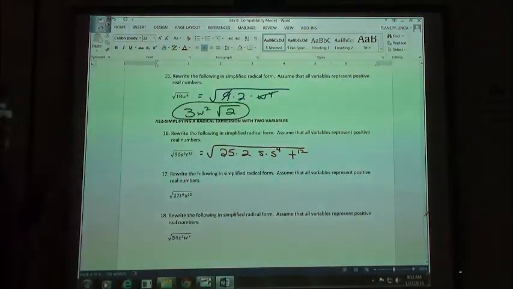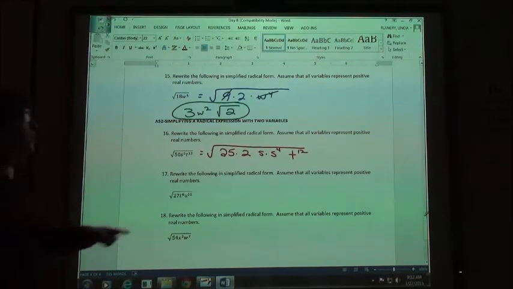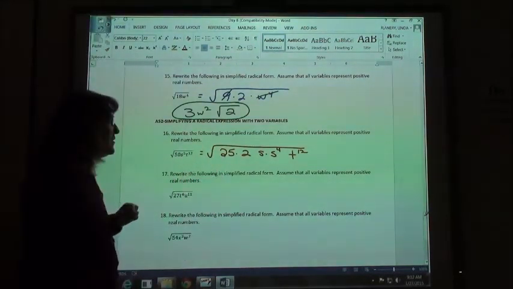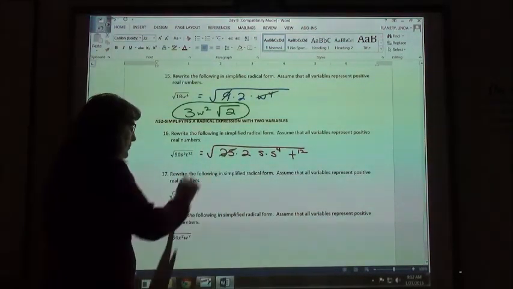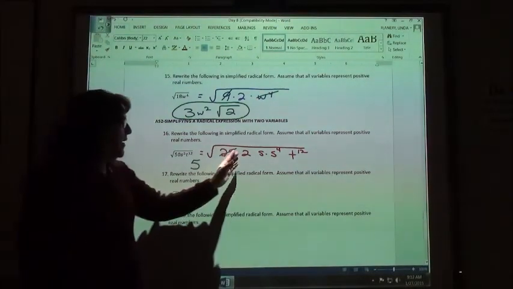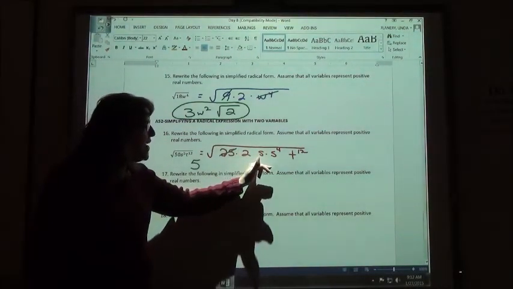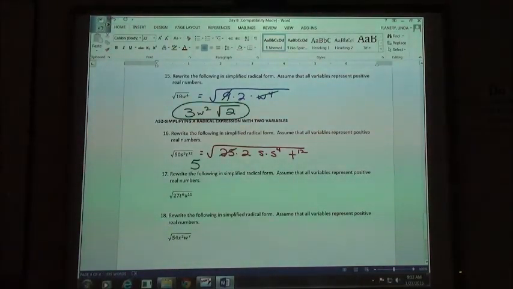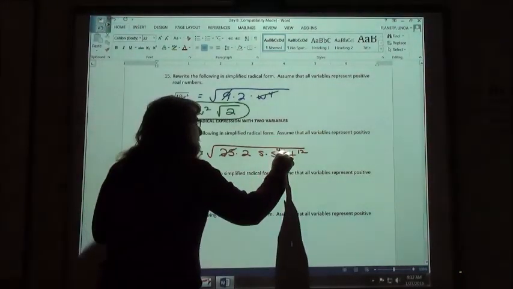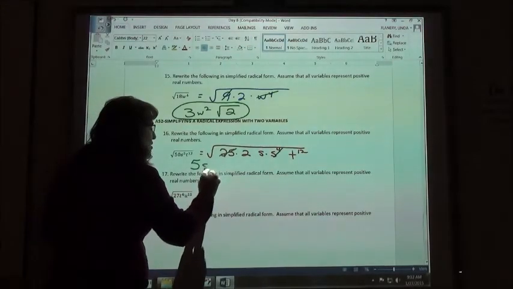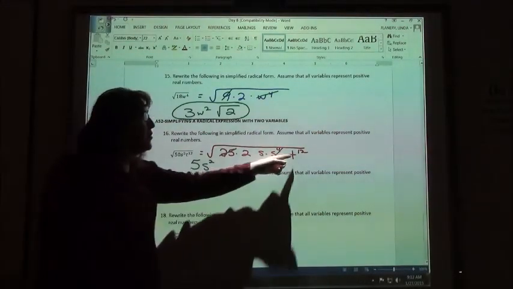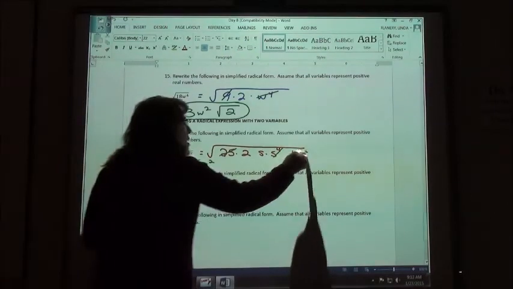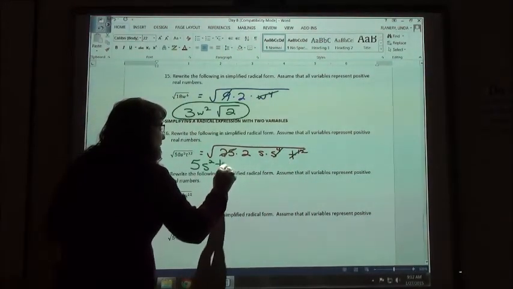Now we're going to take out all of our perfect squares. The square root of 25 is 5. I can't do the 2, I can't do the plain s, but I can do the s to the 4th. The square root of s to the 4th is s squared. And the square root of t to the 12th is t to the 6th.